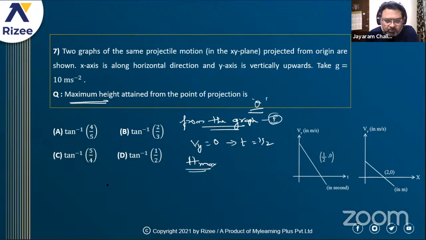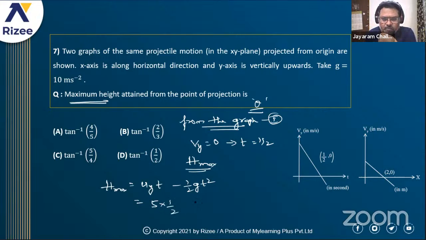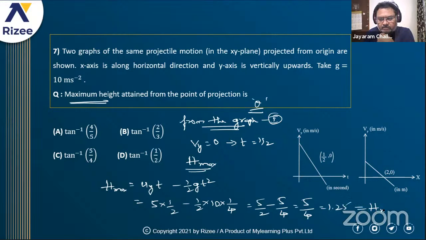So how can you determine h maximum? At that particular instant, h maximum is equal to uy t minus half g t squared. Substitute the values, sir. uy is 5, the time is 1 by 2, minus half into 10 into 1 by 2 whole squared, which is 1 by 4. That comes out to be 5 by 2 minus 5 by 4, which is 5 by 4, that is 1.25. This is your maximum height.